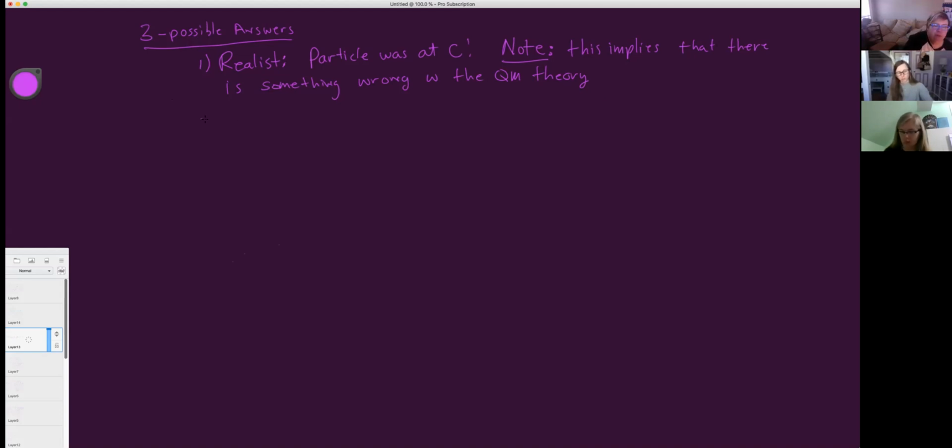2 is called the orthodox view. And this says the particle is not anywhere before you measure.